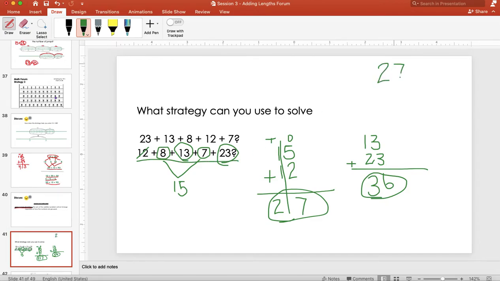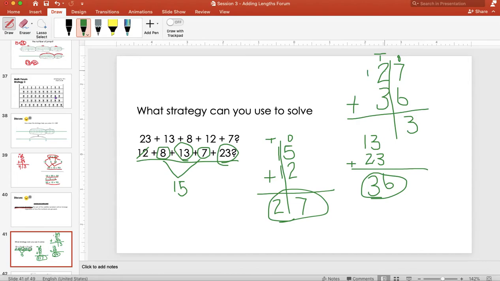27 plus 36 equals, I could separate my 10s from my 1s if I need to. 1 spot, 10 spot. 7 plus 6 is 13. I carry my 10 over to the 10 spot.